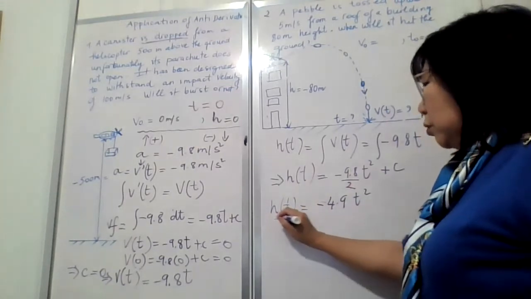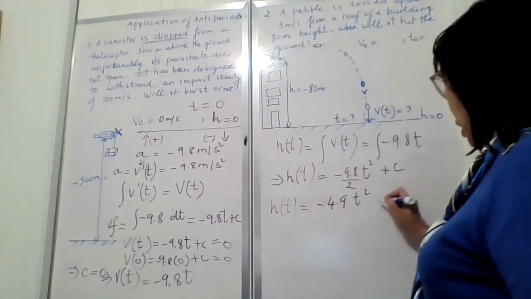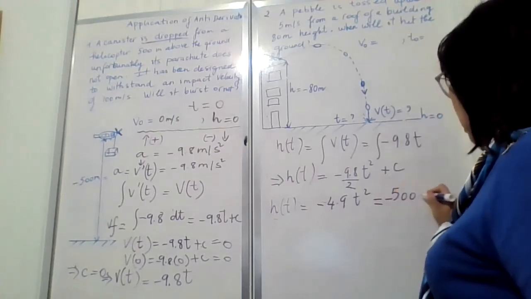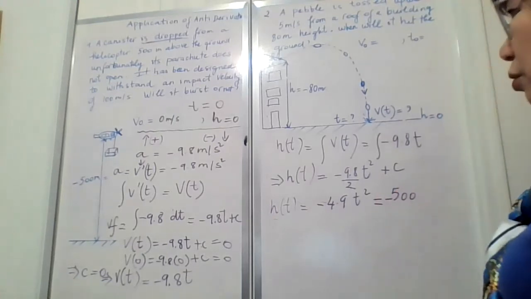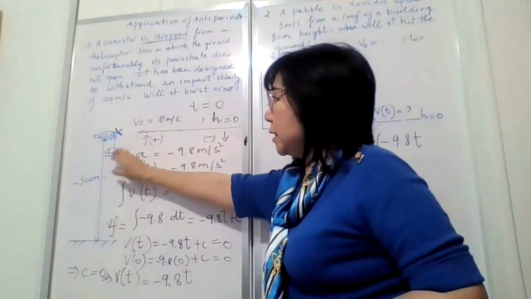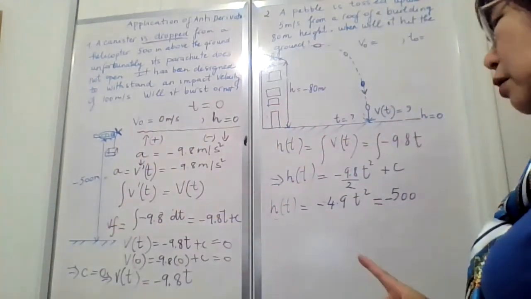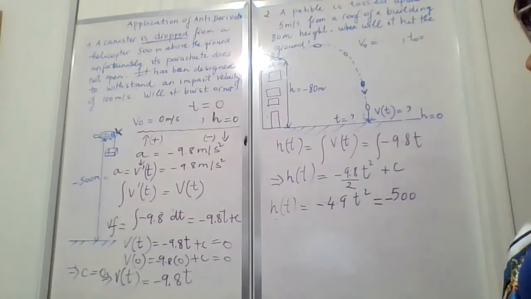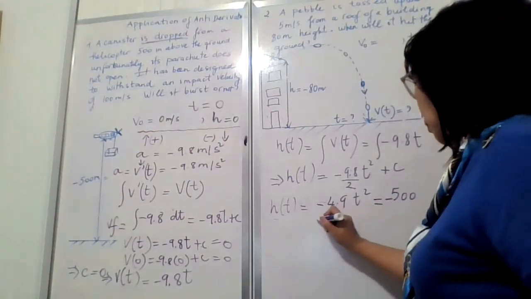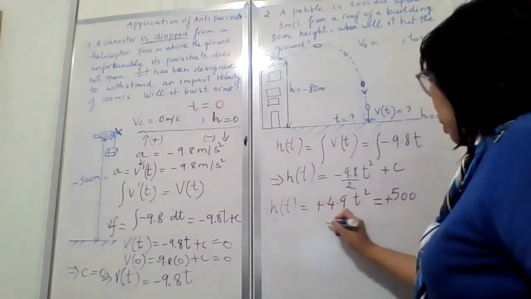But do we know the height here? Yes, we know this height equals minus 500. So if we figure out how long it takes for this canister to travel from the helicopter down to the ground, then we can figure out the final velocity. So let's solve this equation. They are both negative, so we can change both of them to positive.